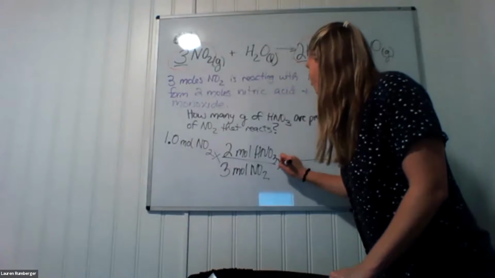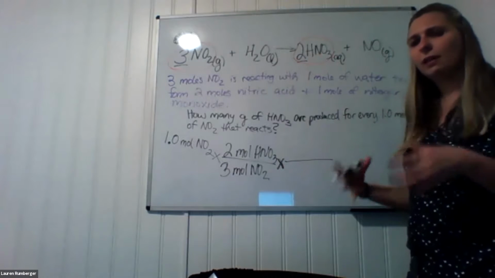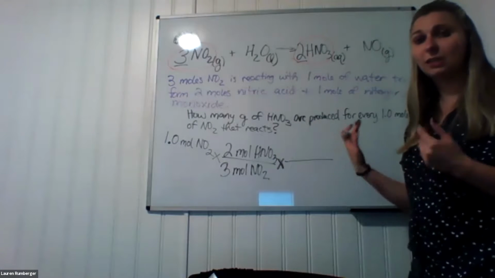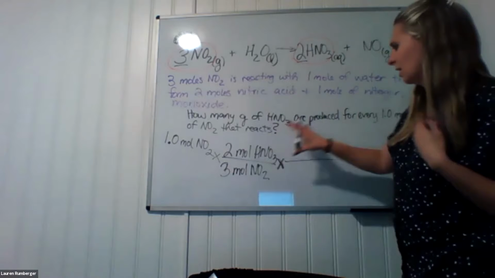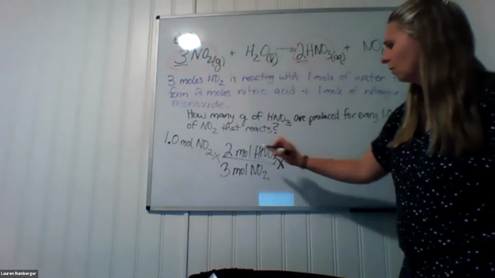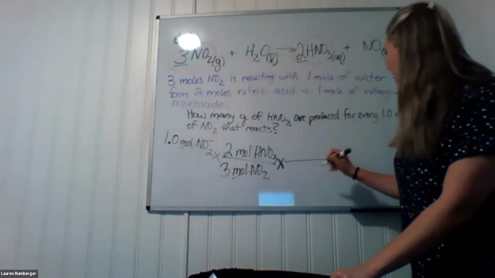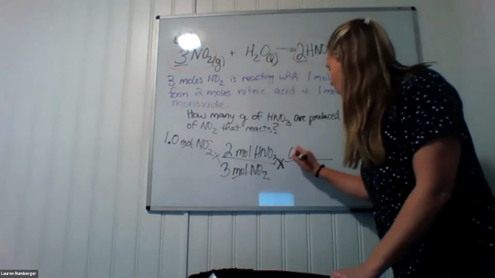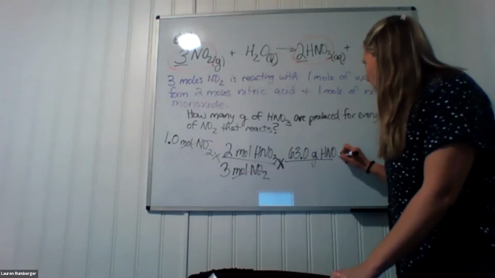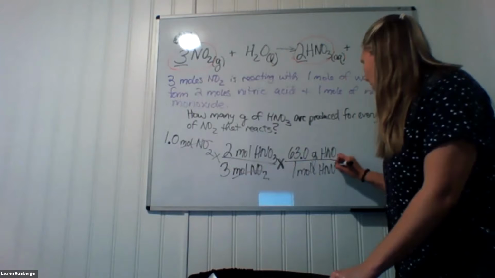Now from the moles, we're going to convert to grams. I want you to get in this practice of using multiple step conversion, because it will make your calculations easier to make sure that you understand the steps that are being taken, okay? So just continue your calculation now from moles of nitric acid to grams of nitric acid using the molar mass, which we said was 63.0 grams of HNO3 per 1 mole of HNO3.